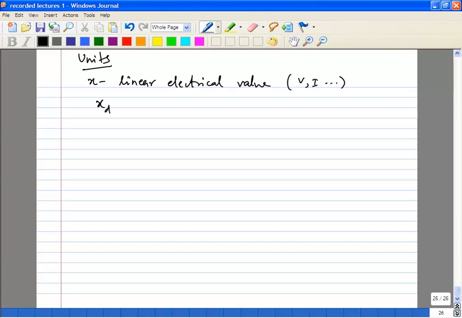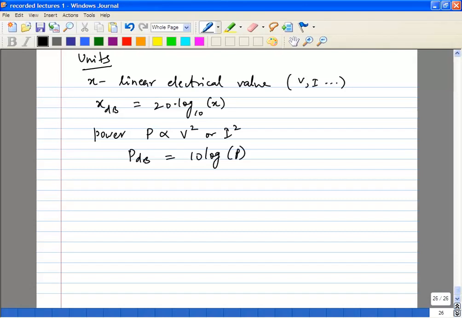So X in dB is nothing but 20 times log to base 10 of X. Now if you have a quantity which is in power, P, which is proportional to V squared or I squared, for example, P in dB is usually 10 log the power.